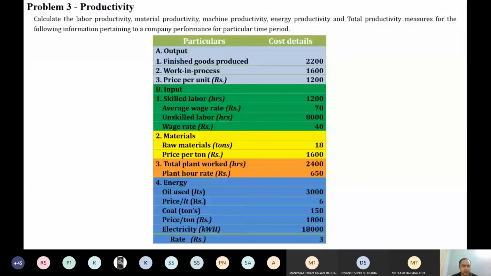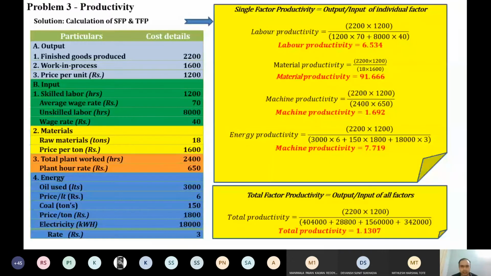In this problem, I worked out the calculations here. So you know that single factor productivity is total output divided by input of the individual factor. The first case is labor productivity. The labor data is given to you here. The total output is 2200 into 1200, because 2200 components were produced and the cost price of one component is 1200.